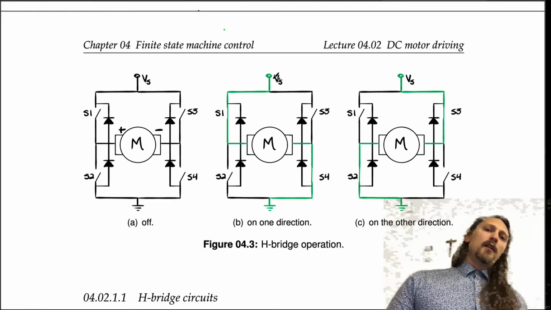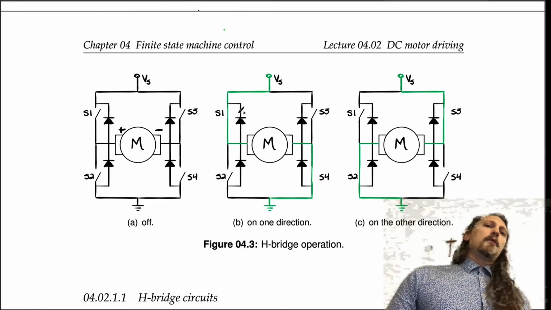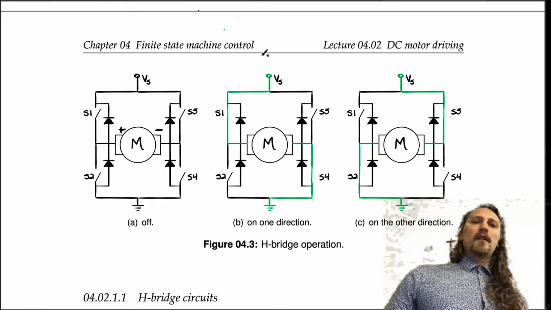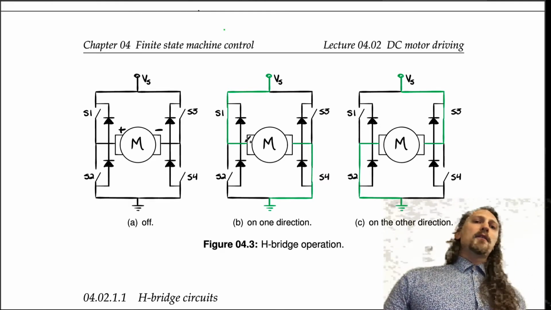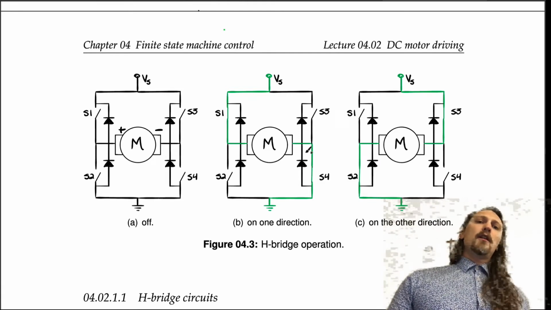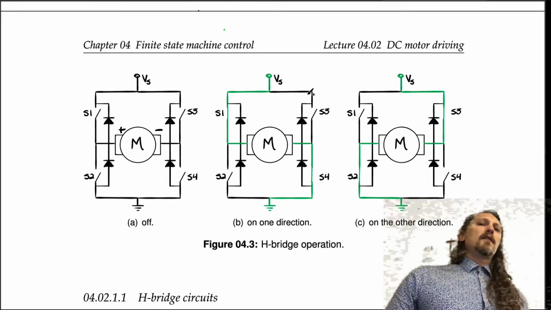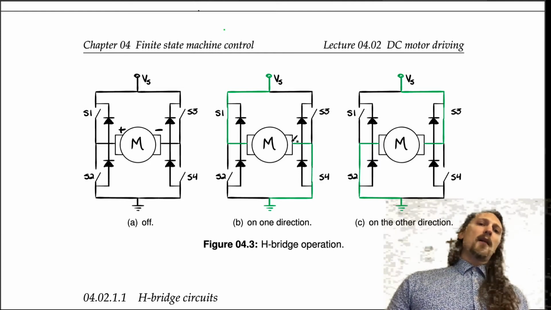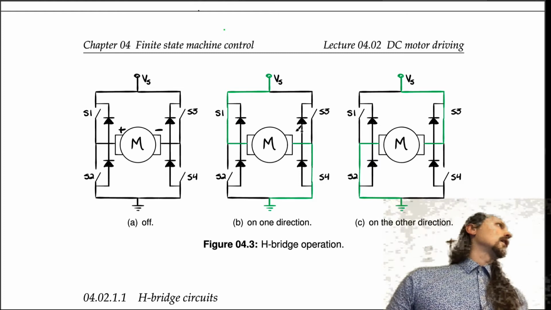If you throw switch 1 and throw switch 4, close them, then current has a path to flow through the motor this direction. Great, and it does not have a path to flow that way because the voltage drop is this direction, so it's not going to go that way.